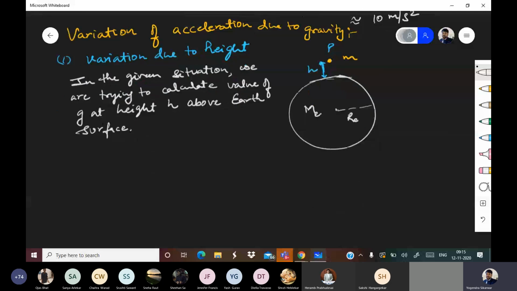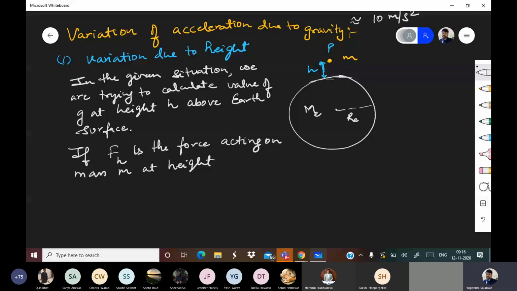So if Fh is the force acting on mass m at height h, then Fh is equal to G Me m upon (Re plus h) whole square.